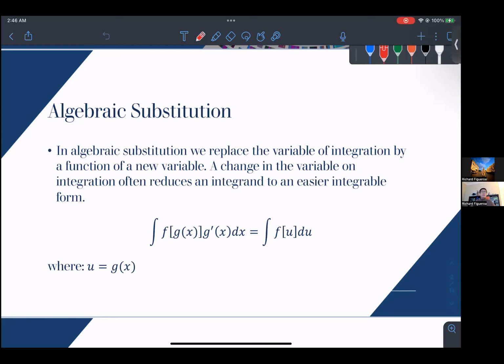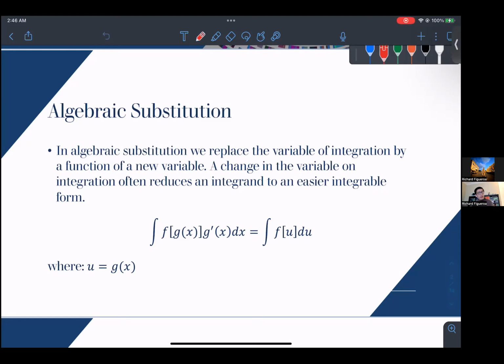So the idea for the algebraic substitution is that sometimes it's difficult to right away find the integral of a complex function or a complex integrand, because it doesn't fit any formula which is available for us.